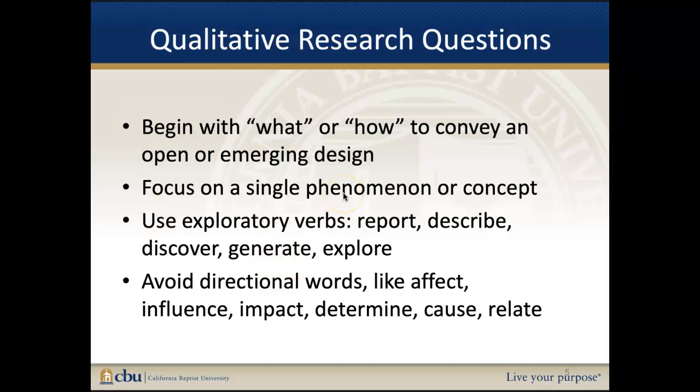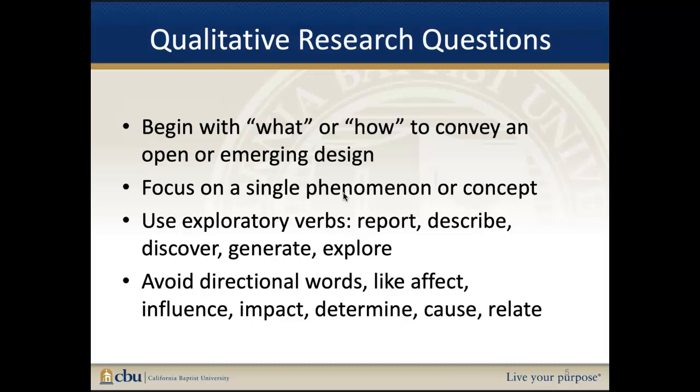So qualitative research questions often begin with language like what or how to convey their emerging design. So think about, how do people view sport and exercise from their Christian faith?